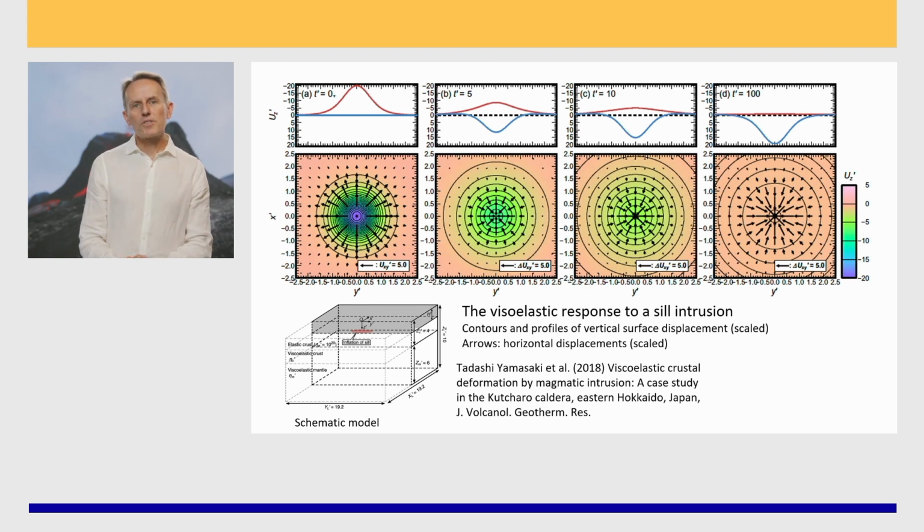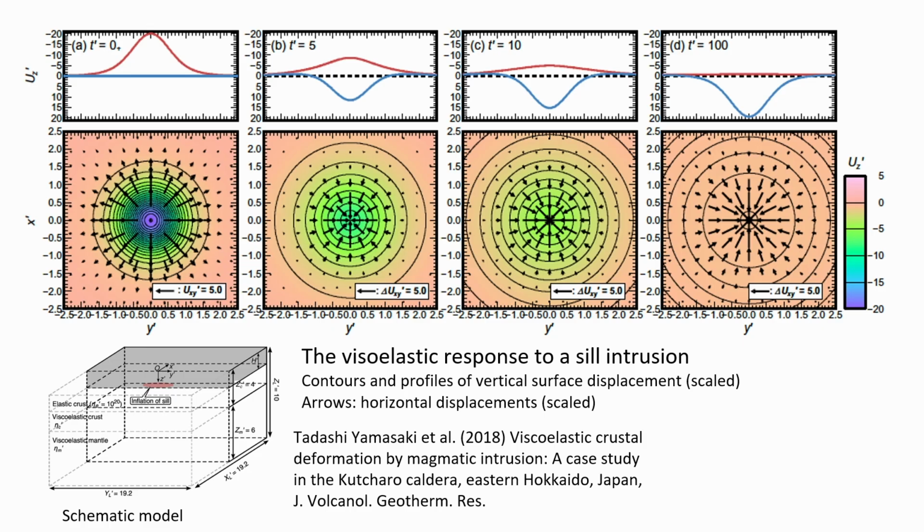Here are some model results from Tadashi Yamasaki and colleagues for a sill intruded in a viscoelastic material overlaid by an elastic layer, as shown in the schematic model at the bottom of this figure. There are 4 panels showing deformation at different times. The panel furthest to the left shows the displacement at time 0 after the sill is instantaneously injected.